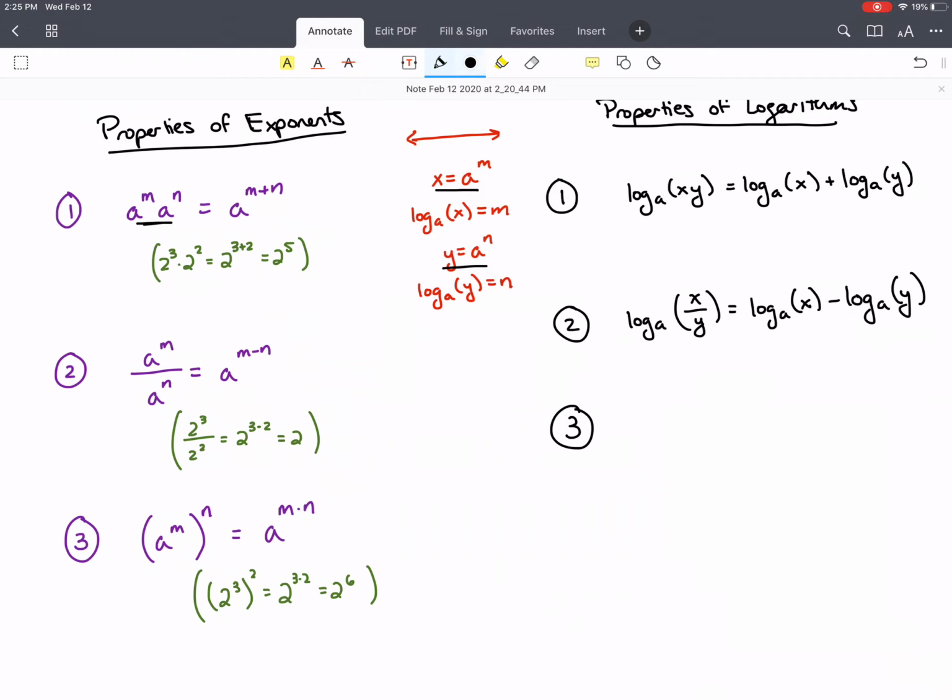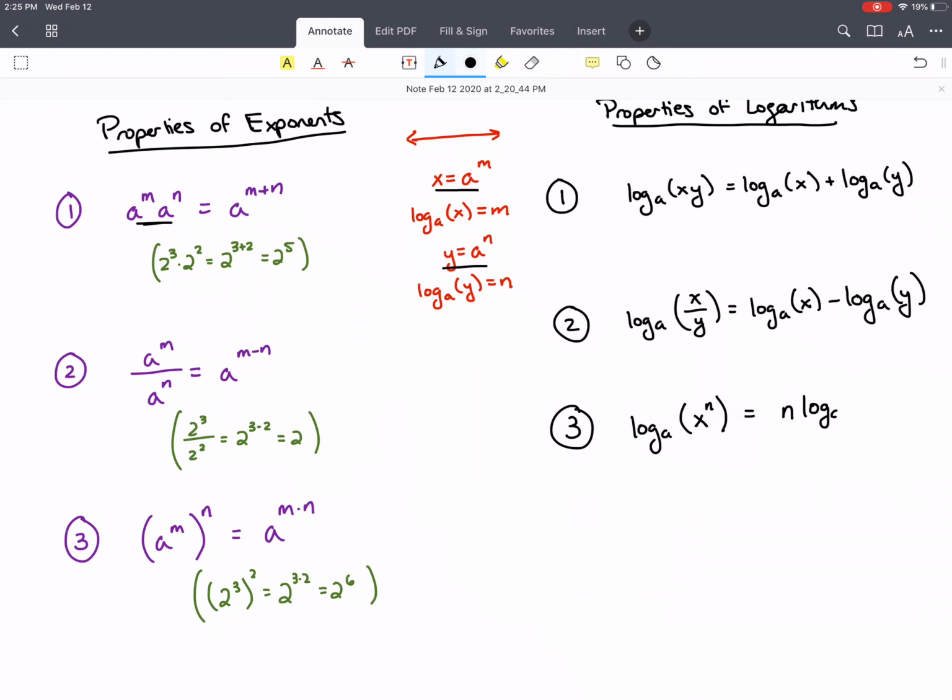For logarithms, this would look like if I had the power a to the m, we'll just call it x, then raised to the nth power, I get the product of the exponent and n.